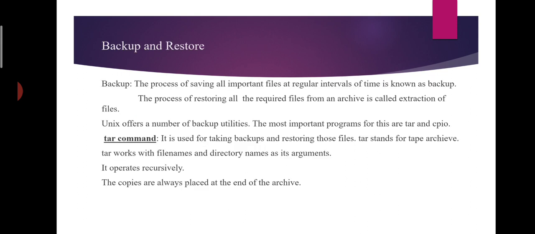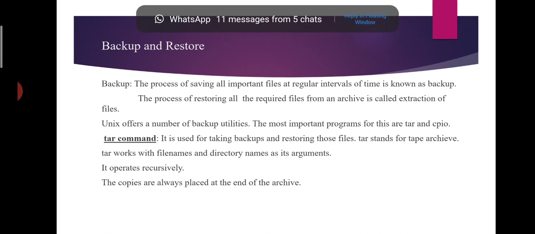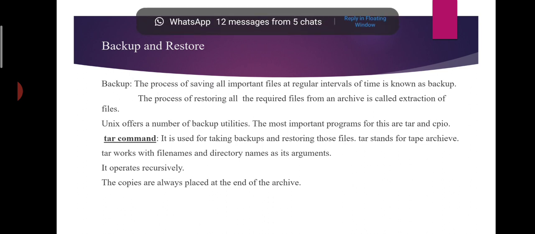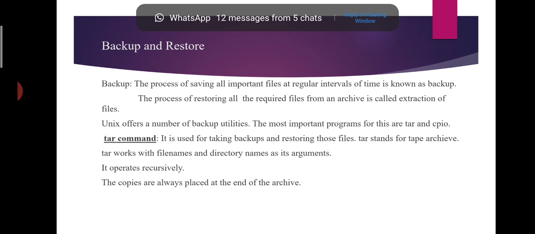Next, how to take a backup and restore in the Unix operating system. Backup is the process of saving all important files at regular intervals of time. The process of restoring all the required files from an archive is called extraction of files.